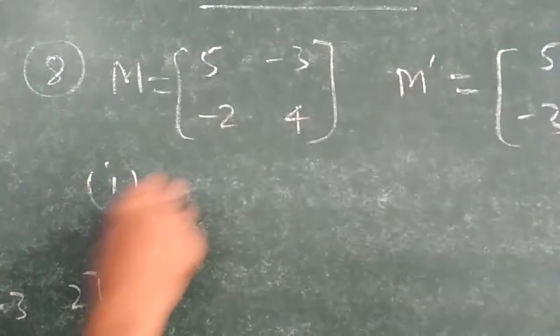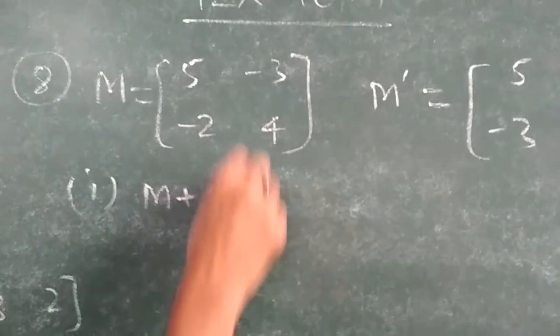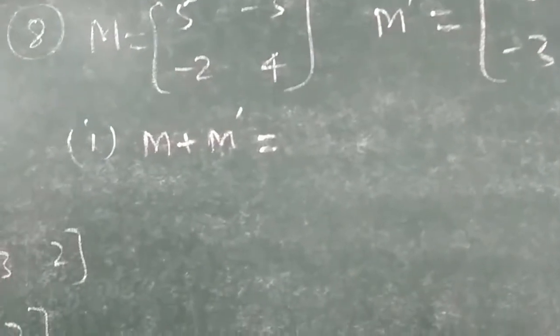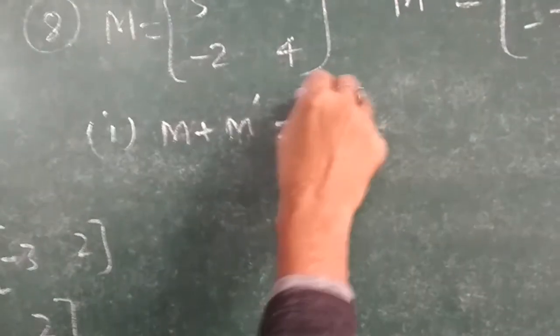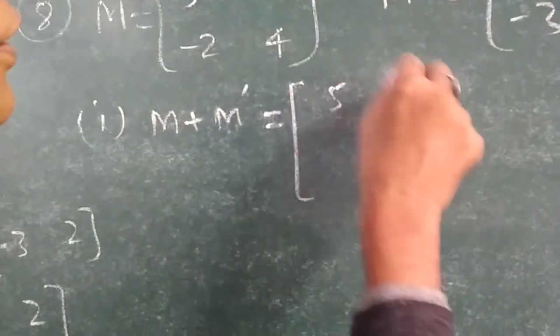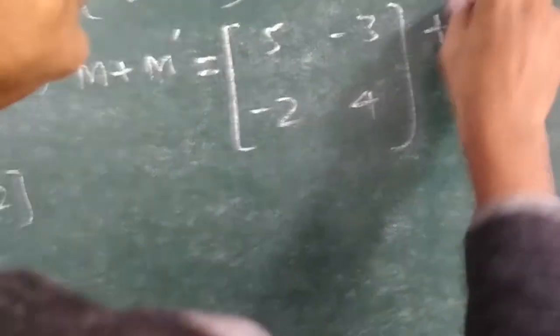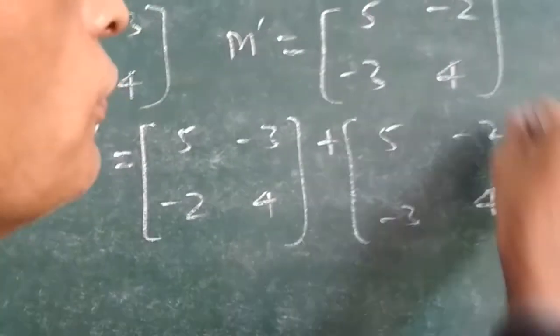First part, we have to add them, M plus M dash. How can we get the value? It's very simple. [5, -3; -2, 4] plus [5, -2; -3, 4].